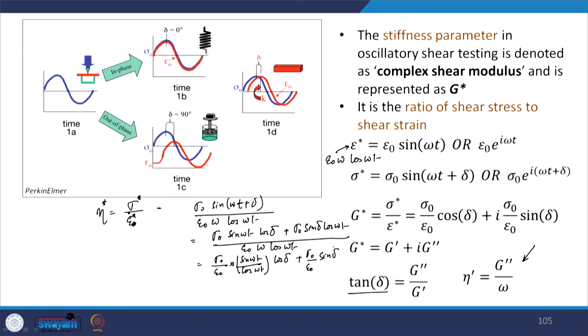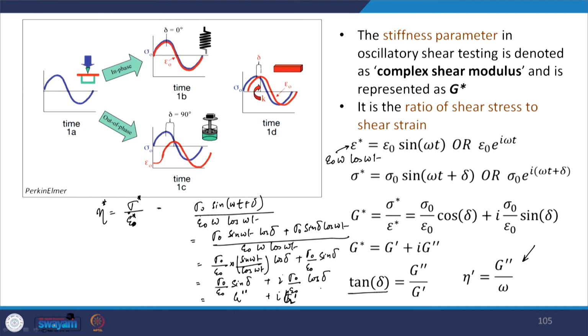Which means this can be written as sigma naught by epsilon naught sin delta plus i times sigma naught by epsilon naught cos delta. And I know that sigma naught by epsilon naught sin delta is equal to G double dash, and the cos delta term is equal to G dash, sorry, G dash.